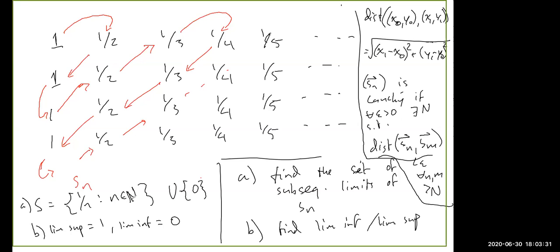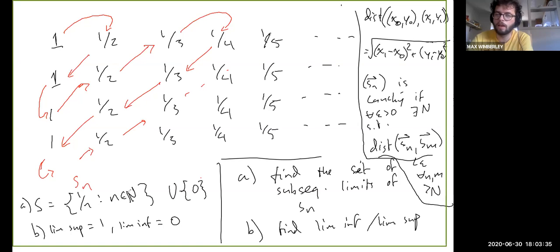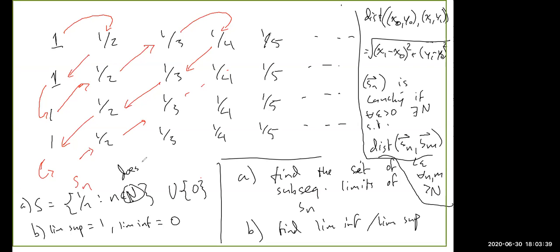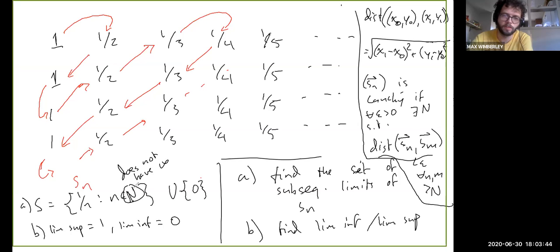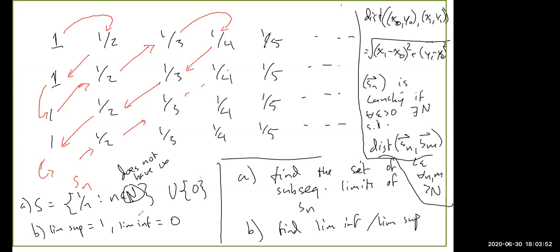Oh, but doesn't n go all the way to infinity? No, because this set does not have infinity in it. Oh, okay. Yeah, it's just the natural numbers. So every element of this is just a positive integer. I see. Yep. All right, thank you.